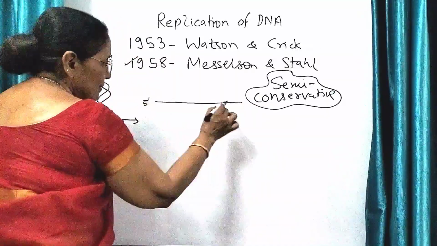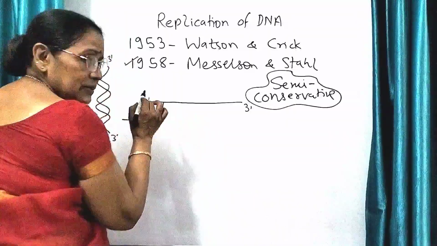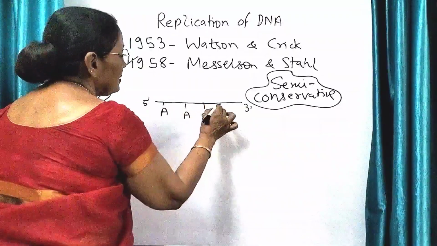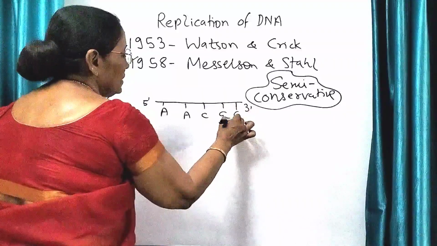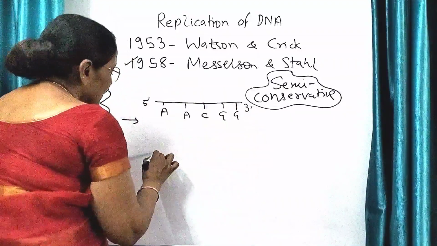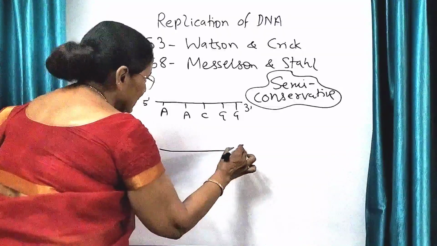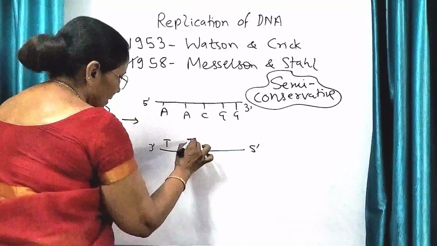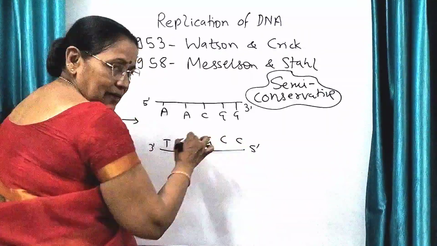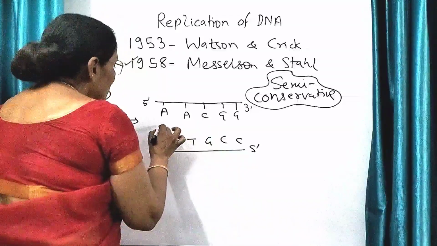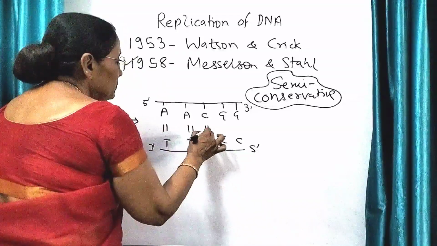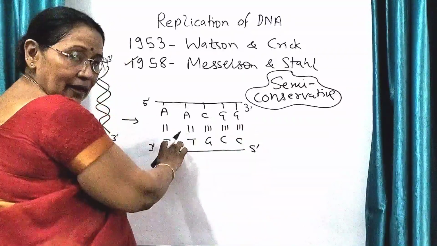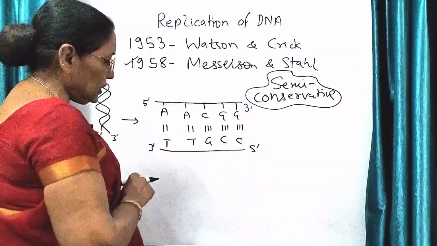This is one of the strands which has, suppose, the nitrogen bases A, C, G and G. Then the other strand will have the nitrogen bases T, T, G, C, C. This is the complementarity rule which you know already, and you know how many hydrogen bonds are present between A and T and between C and G.